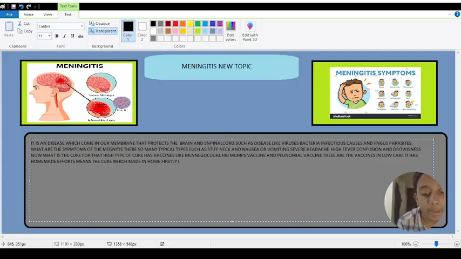Firstly, if the patient has meningitis and you don't know, meaning you can't determine that the patient has meningitis, there are symptoms to understand it.